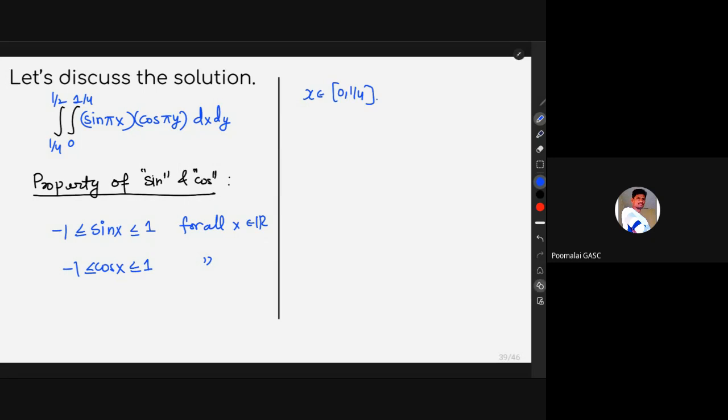So if you try to draw the graph for 0 to 1 by 4, let's try to draw the graph of the sine function. Now this is the sine function graph. Now you see that in this expression, sine has pi times x.